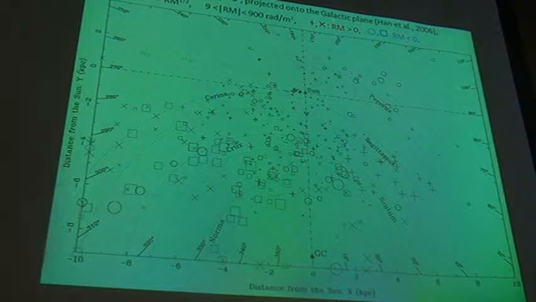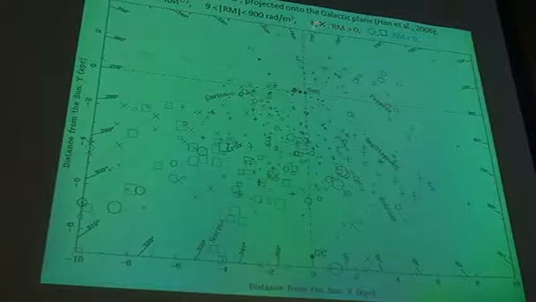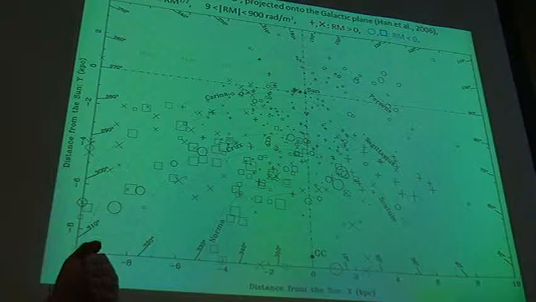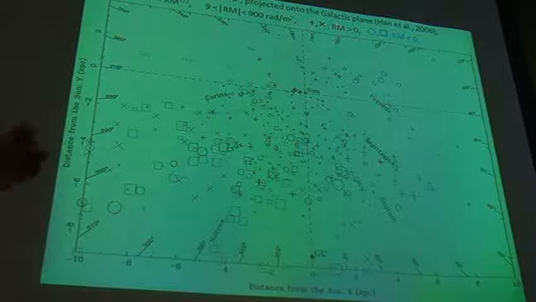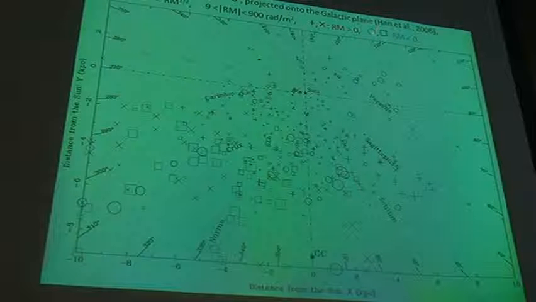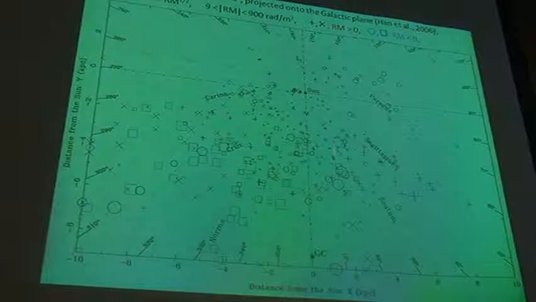The symbols, crosses of these 2 shapes, show magnetic field which is directed away from us, and the circles and squares show the magnetic field which is directed towards us. Let's look at this picture. So many circles here. Here, circles and squares are just mixed like mad. Again, the same picture. Very noisy picture.